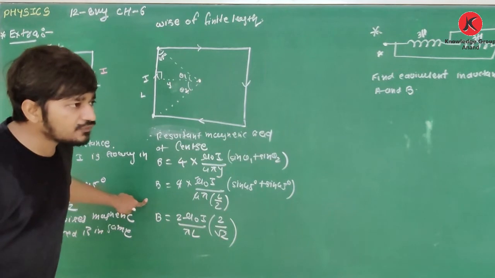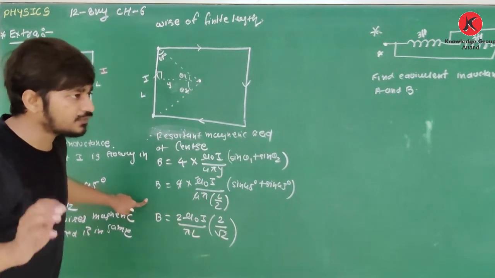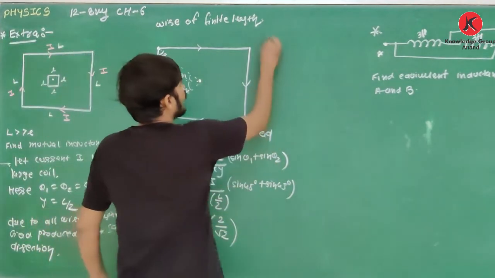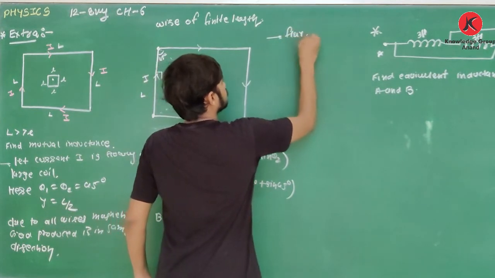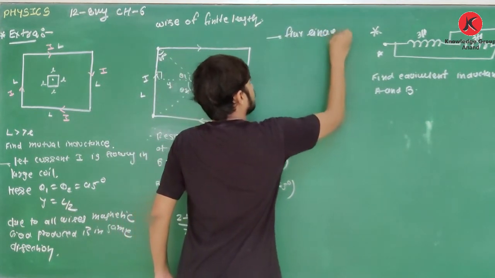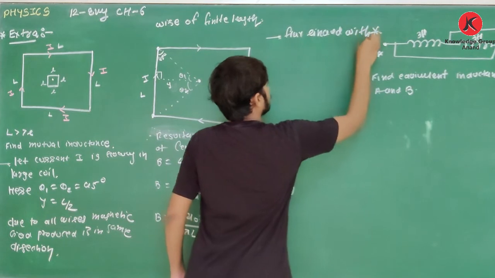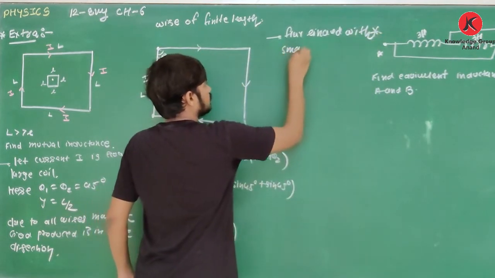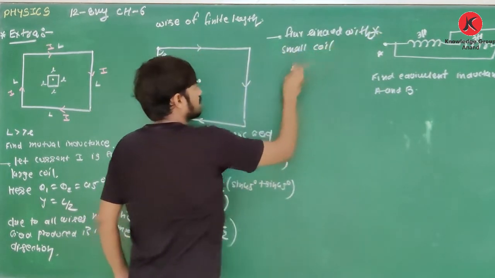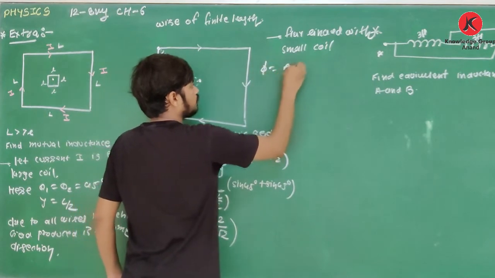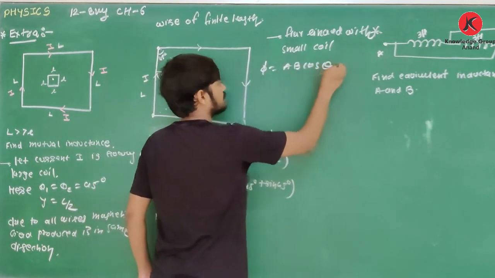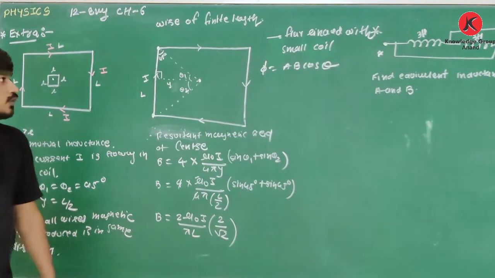Now we have to find the flux linked with the small coil. That is phi is equal to, what is the equation? It is AB cos theta.